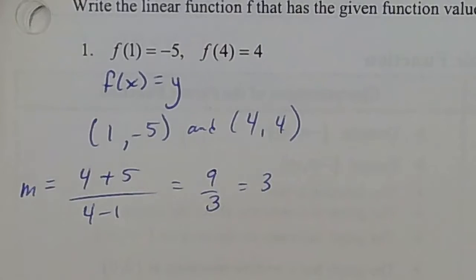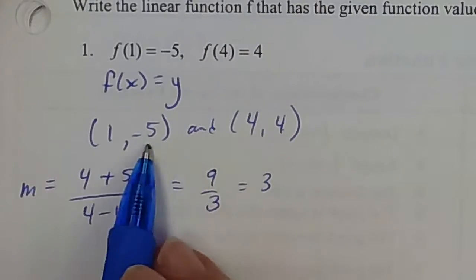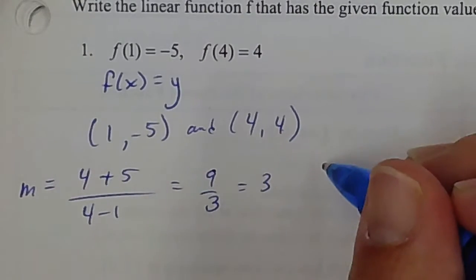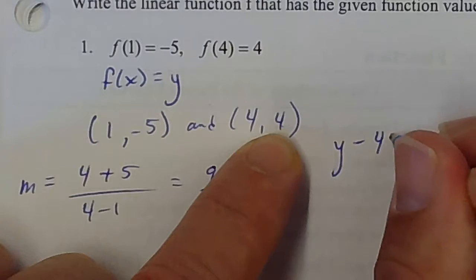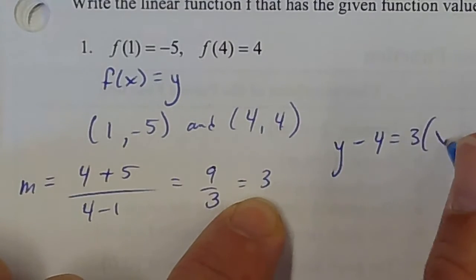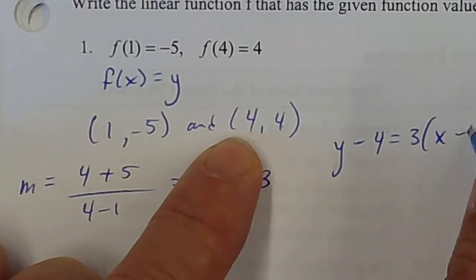Okay. All right, so using this slope and one of these 2 points, we can write an equation of a line now, okay? So y minus, I'll use this one here, 4 equals m times x minus 4.